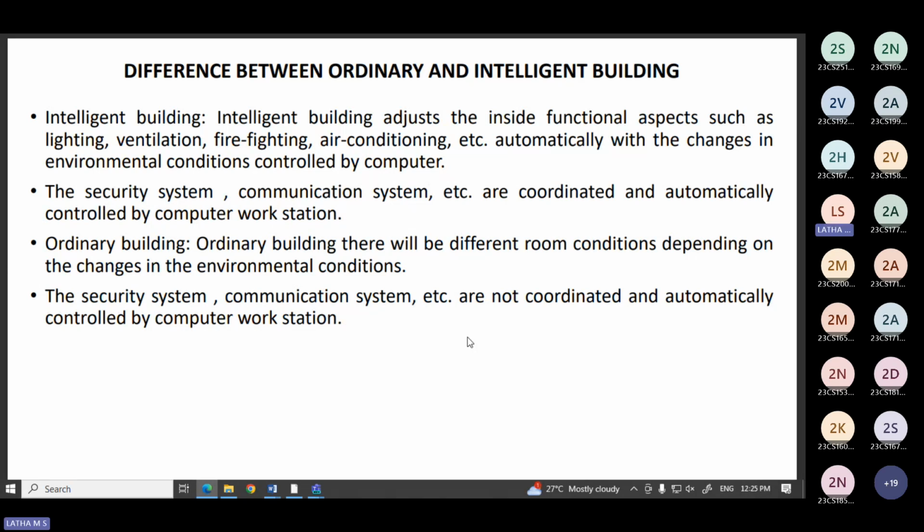I'm in an intelligent building because I have facilities like this. Maybe more facilities are available at your place also. You may say that you are in an intelligent building. So it depends upon the functions of the building, how it can perform.